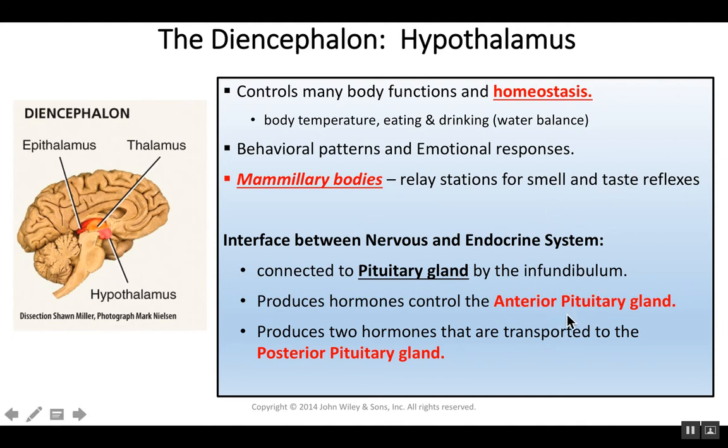The anterior portion is controlled by the hypothalamus, but the posterior pituitary helps release a couple hormones that it gets from the hypothalamus. Those two hormones include antidiuretic hormone, which helps retain water, and oxytocin, which helps stimulate the uterus during childbirth. So the hypothalamus is one of these parts of the brain that has a lot of jobs in homeostasis, a lot of jobs related to the endocrine system and hormone production.